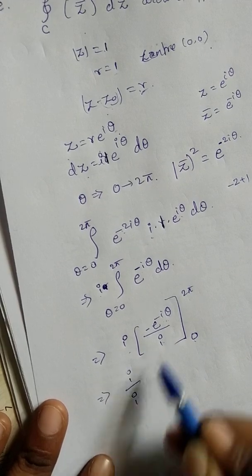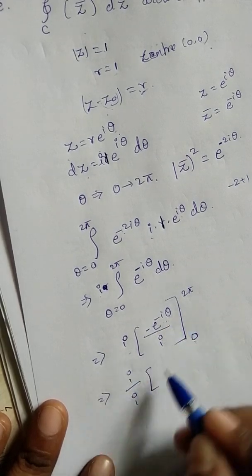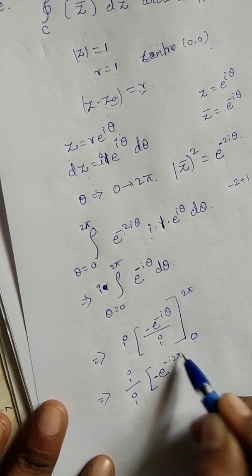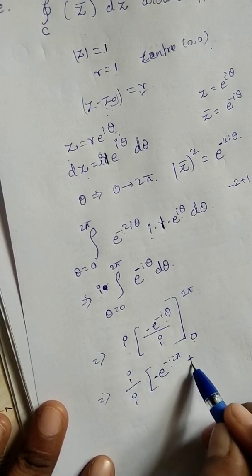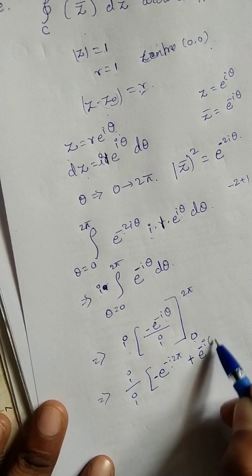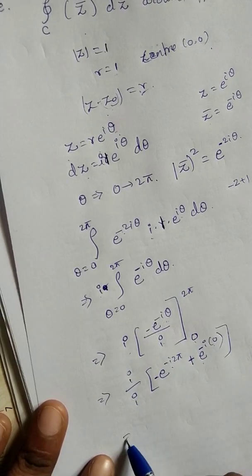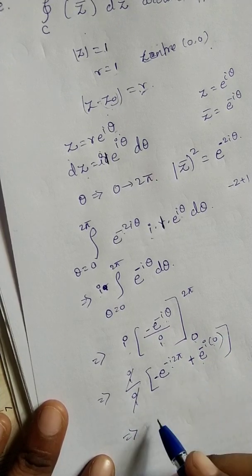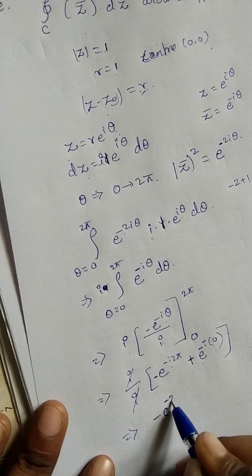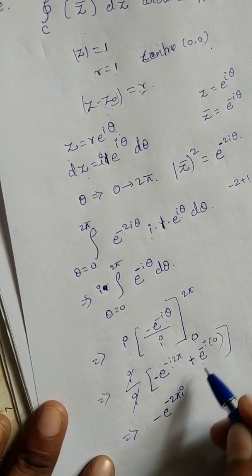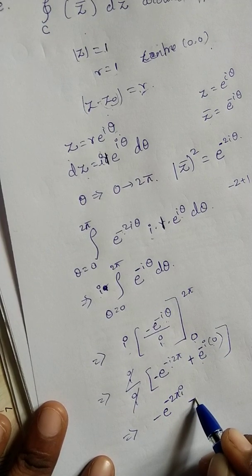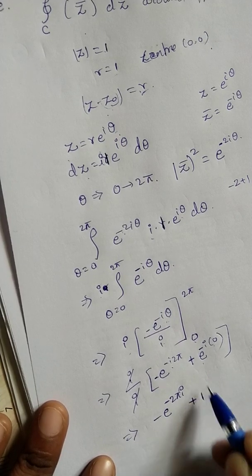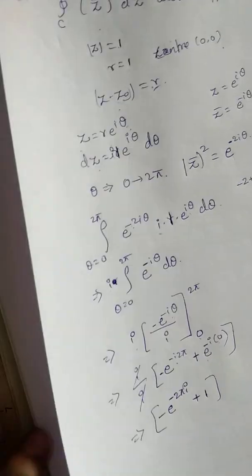So I am taking the I outside. Now upper limit e to the power minus I 2 pi, minus into minus will be plus e power minus I into 0. Okay, e power 0 is 1. So this one and this one get cancelled. So left out is negative e power minus 2 pi I. Okay, this part is 1. So minus, so plus 1. So this is our answer.